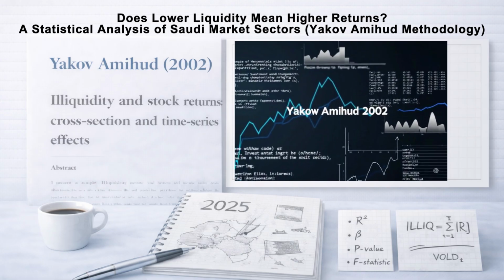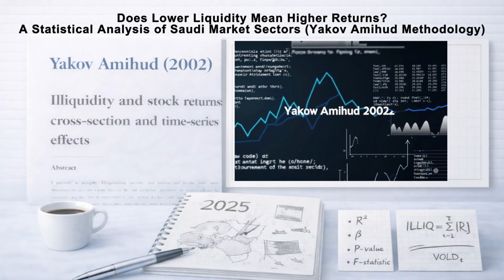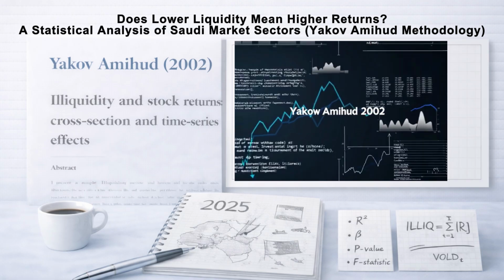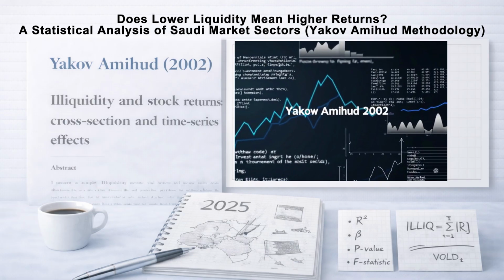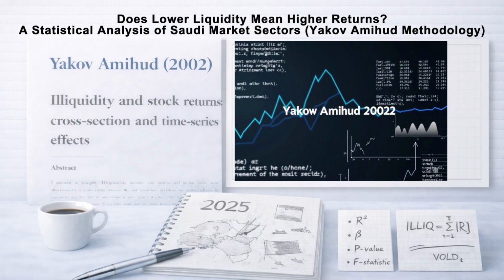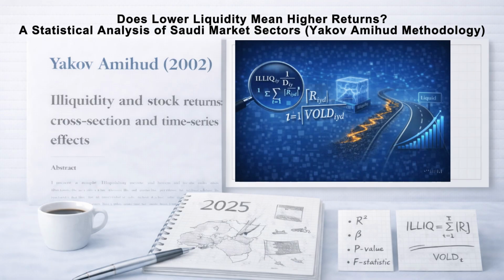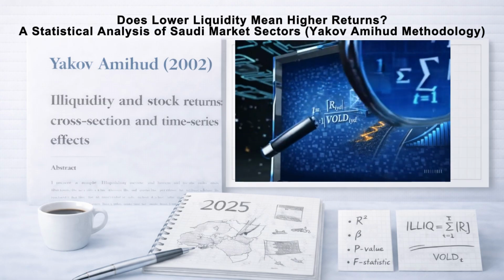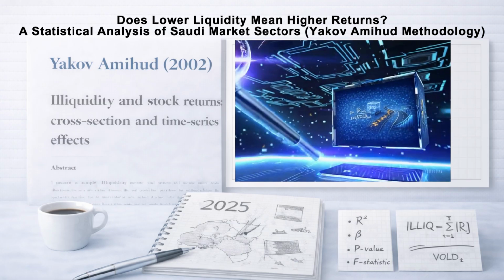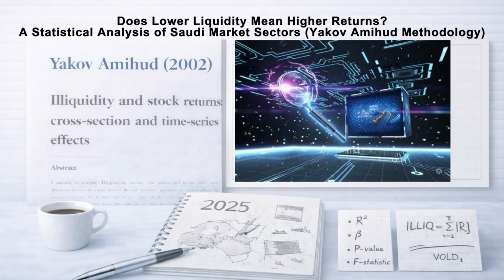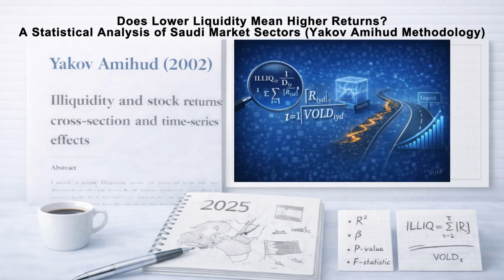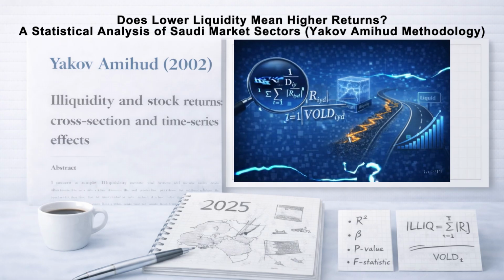His hypothesis states that assets that are harder to trade tend to offer higher expected returns, because investors require an illiquidity premium as compensation for trading difficulty. Amihud also developed a liquidity measure that is now known as the Amihud Illiquidity Measure. In his research paper, he validated the measure and showed its importance in explaining return behavior in financial markets.